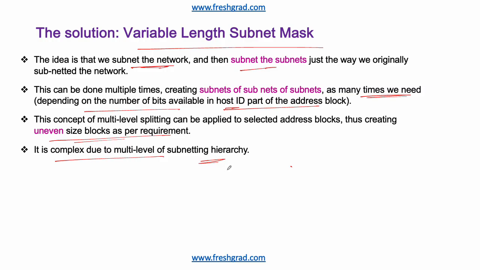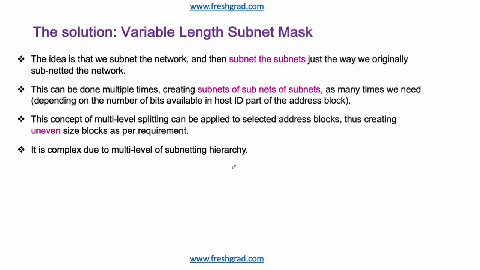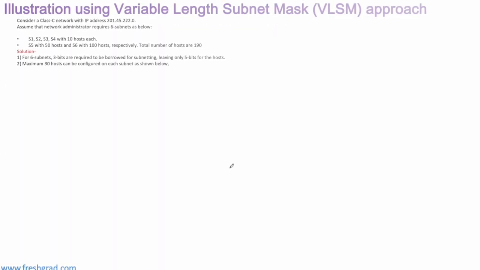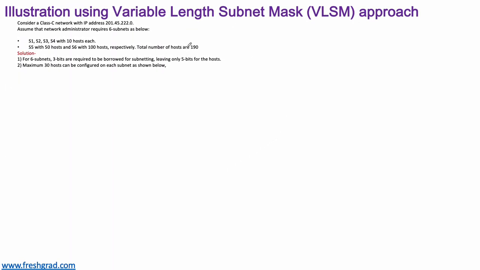It's very easy. You can easily do it. So VLSM, variable length subnet mask. Now again we have the same requirements. We just talked about it, right? We did subnetting in the traditional way, but now we will apply the variable length subnet mask approach. And this is how we can provide the solution.